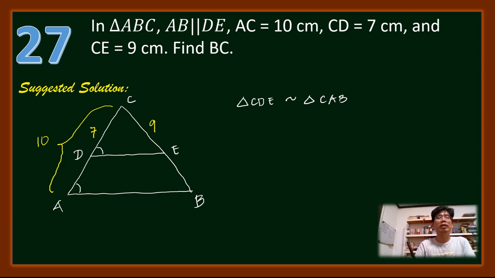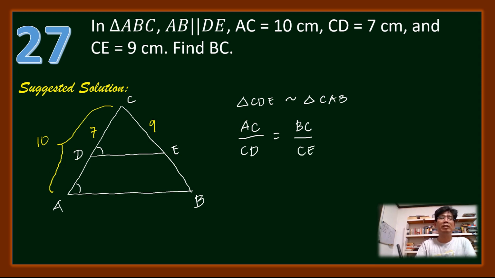From the similar triangles, we can form a proportion about the corresponding sides of the two similar triangles. That is AC over the corresponding side to triangle CDE, that is CD, equal to the corresponding sides BC and CE of the two triangles.